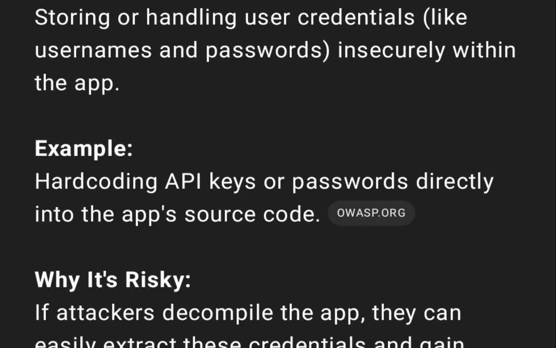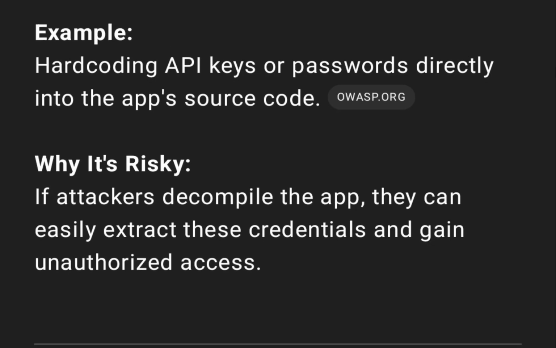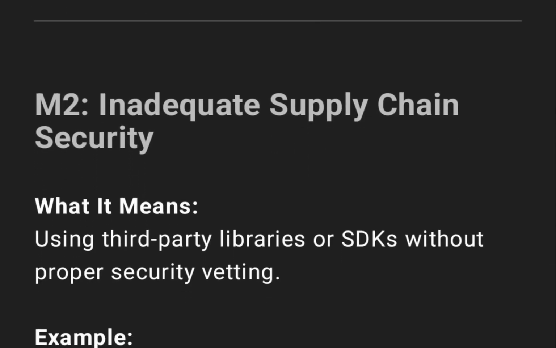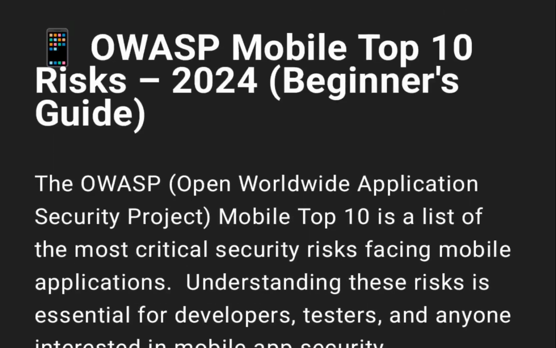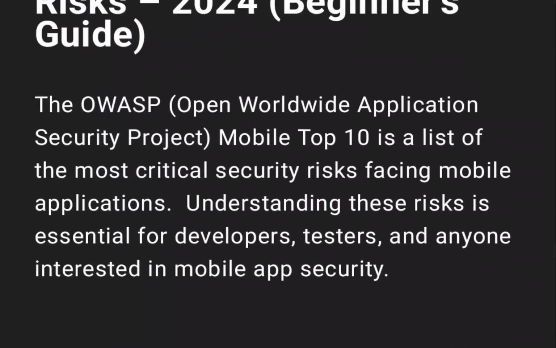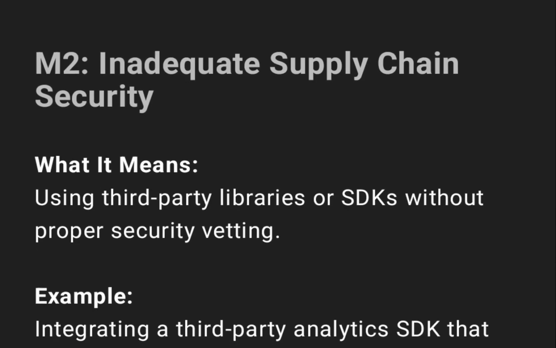And why exactly it is risky is, if attackers decompile that particular application, they can easily extract those credentials and gain unauthorized access to the application. That was the first risk.